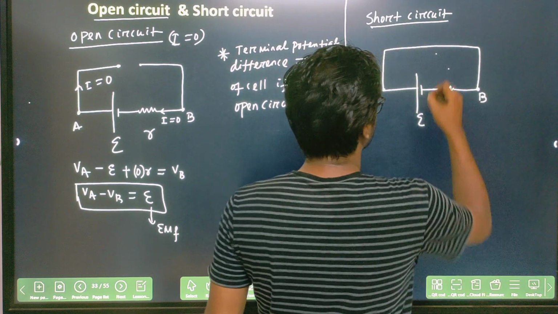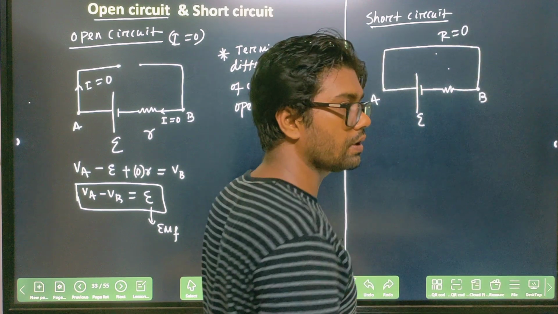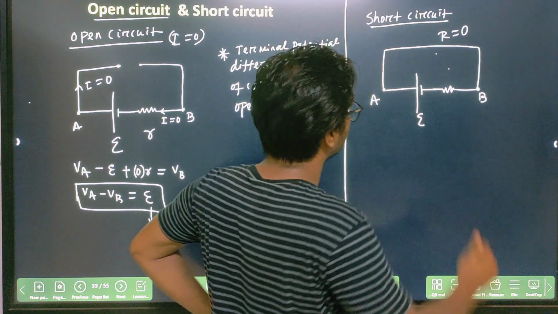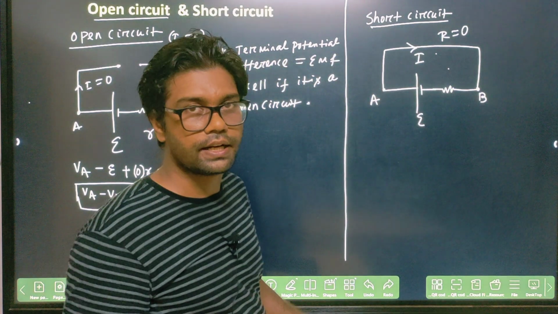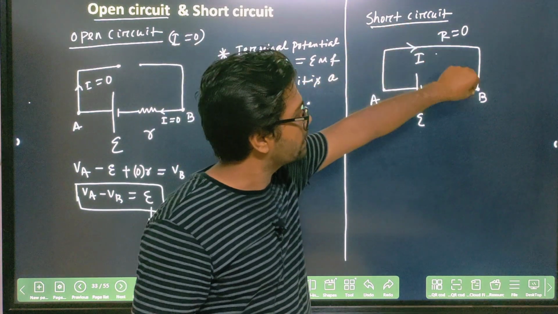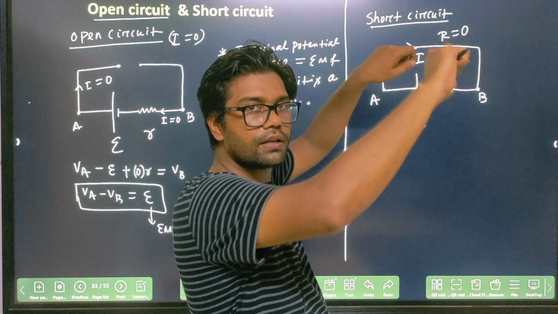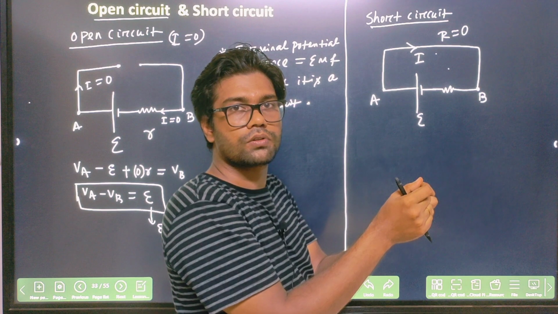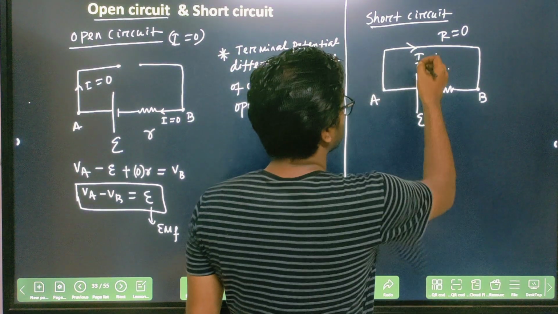That means the resistance of this wire is 0, and the current flowing is I. In a short circuit, it is directly connected, so instead of a wire you can say that terminals A and B are connected. Got it or not?